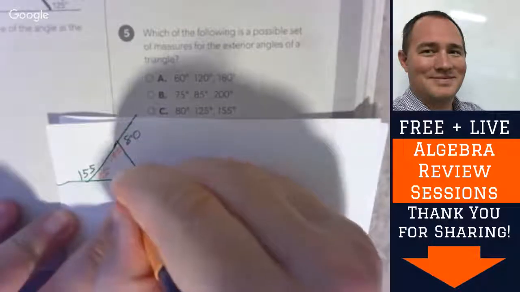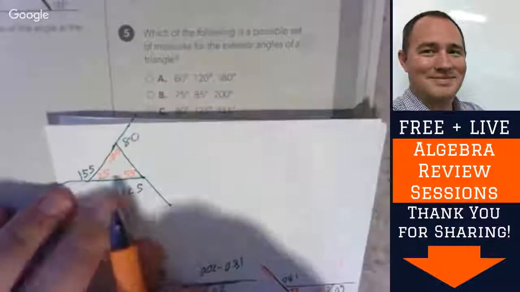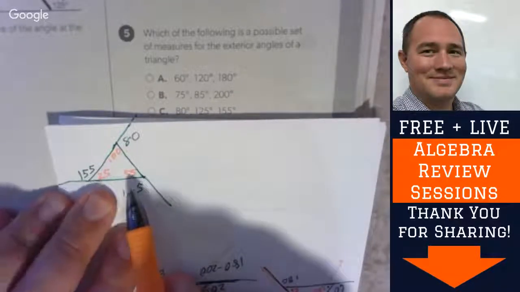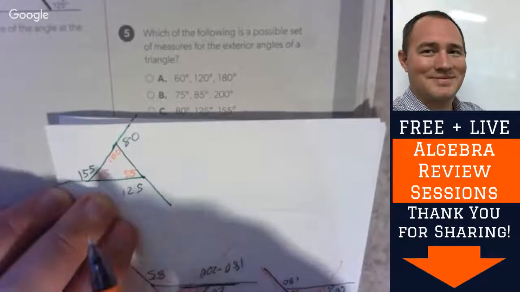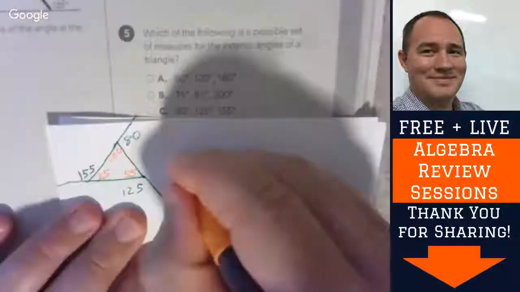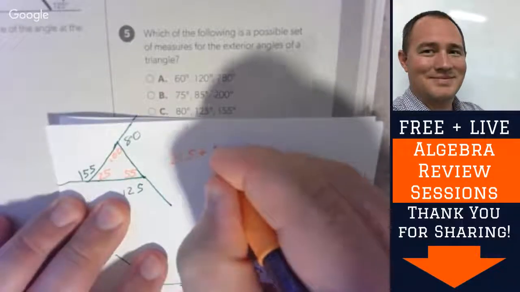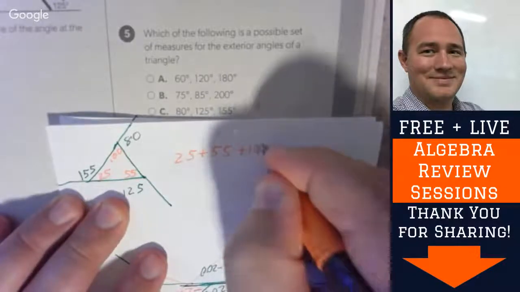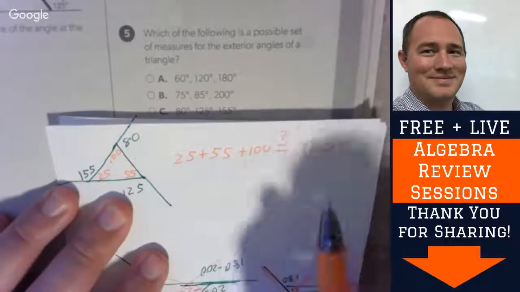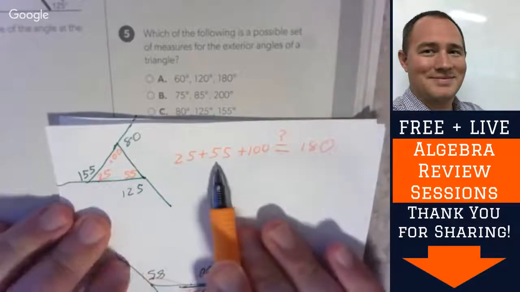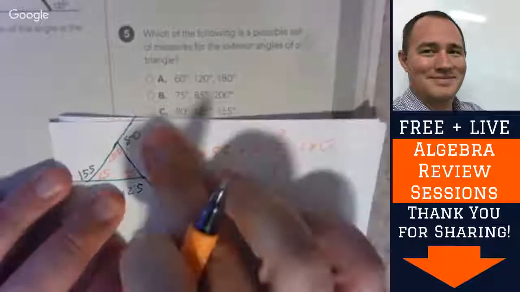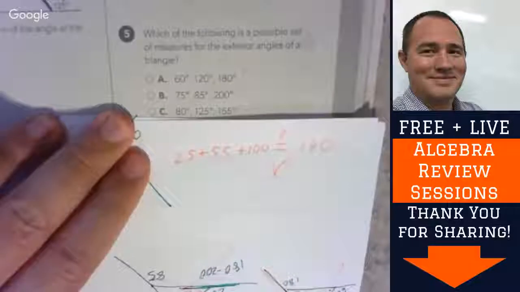Is that right? Now, if these three added up to 180, because remember the three angles of a triangle must add up to 180, then we would be in good shape. So does 25 plus 55 plus 100 equal 180? 25 and 55 makes 80 plus 100, 180. So it checks out. So C works.